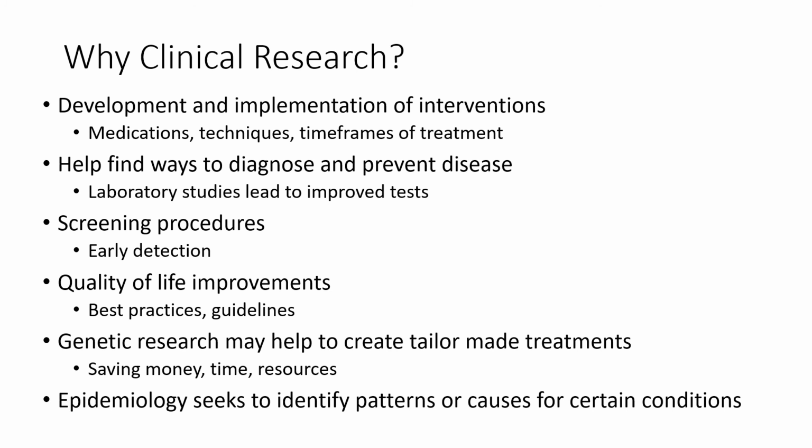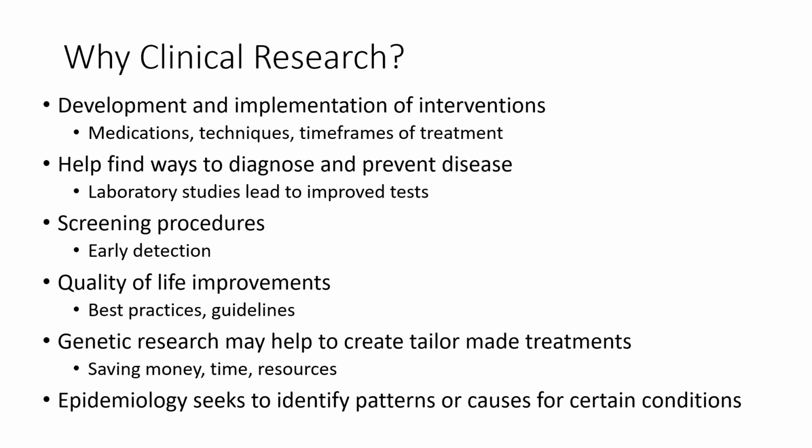So why do we do clinical research? This is really about development and implementation of interventions. Like I said, it's about medications, techniques, and it can be about time frames of treatment. So it helps us find ways to diagnose and prevent disease. Those laboratory tests, those things that are done in basic science, can then help lead to improvement of further testing.